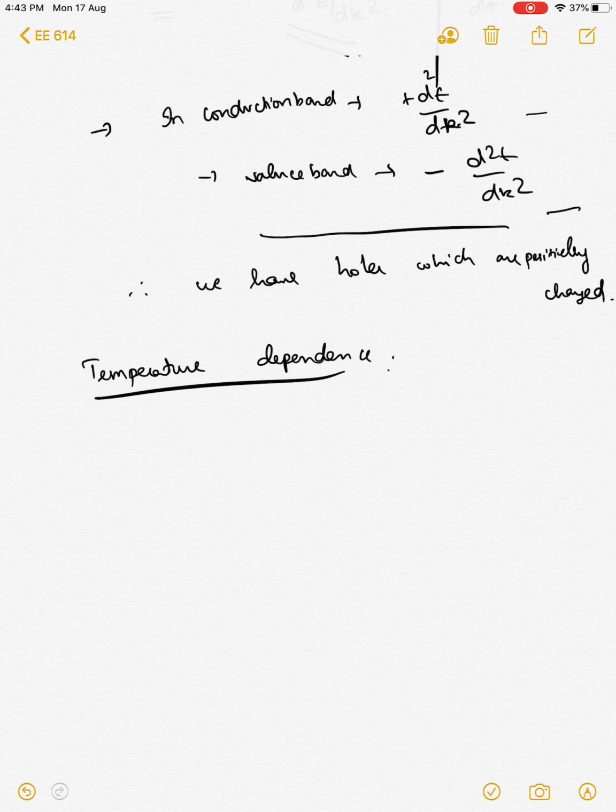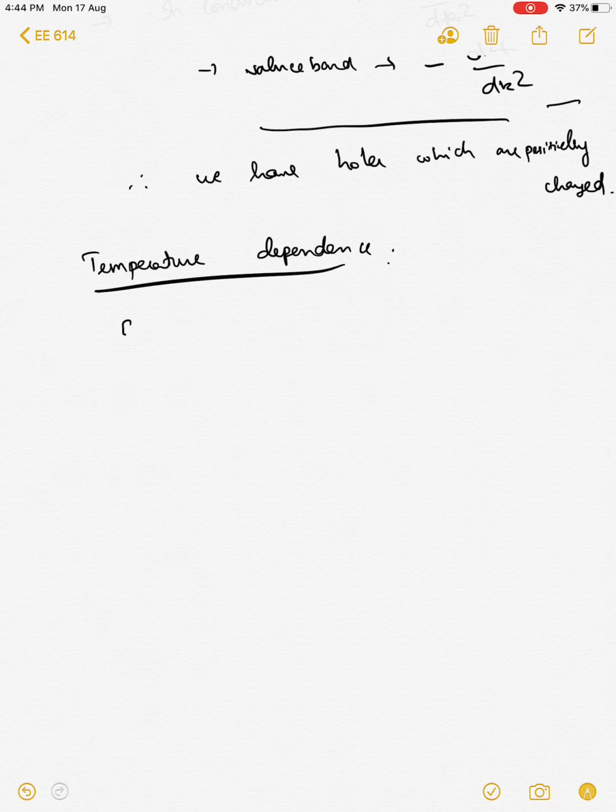However, temperature has a direct effect on the band structure itself, and for most semiconductors it is shown that the band gap at temperature T is the band gap at 0 temperature minus alpha T square by T plus beta, where alpha and beta are constants. So basically the band gap decreases as you go to higher and higher temperature.